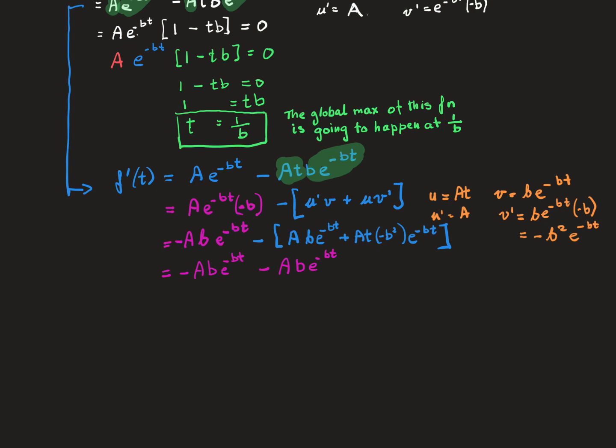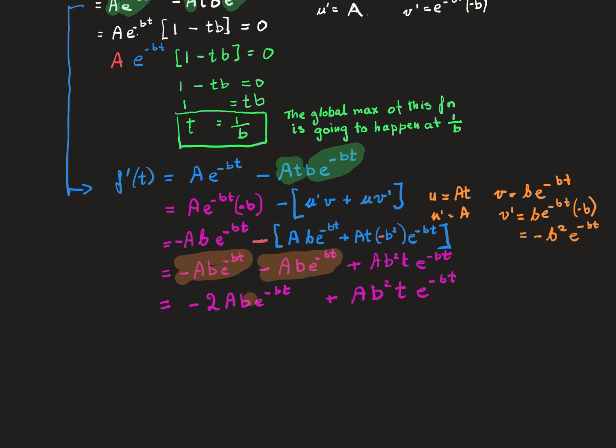So this minus over here and this minus over here will make this a plus. So that is a plus ab squared t e to the minus bt. Can you see that this term is exactly the same as this term? So straight away I can say that these terms could be just added together. So I have two of these, ab e to the minus bt. And let's rewrite this one again here, t e to the minus bt.